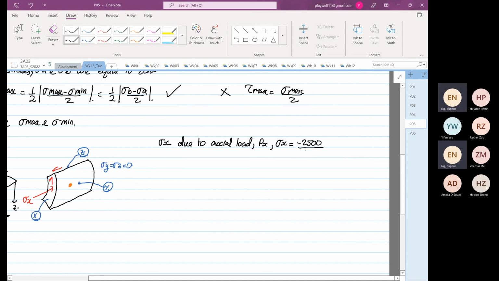Over pi c squared, where c is the radius of the shaft.